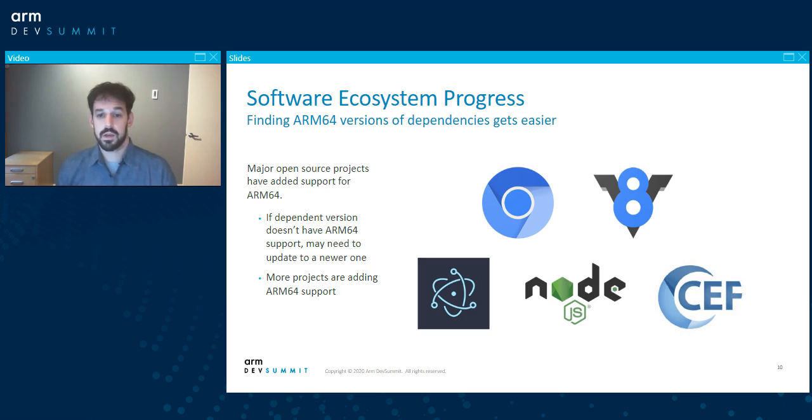Obviously, there are lots of other projects as well, but these are some big names that were major hurdles for people in the past. And so having support for ARM64 makes it that much easier for other developers to in turn support the platform. And maybe the next layer of dependencies is getting built. You might need to update your project. For example, with Electron, you need to update to at least one of the 6.0 revisions or later. But at this point, you needed to anyway.